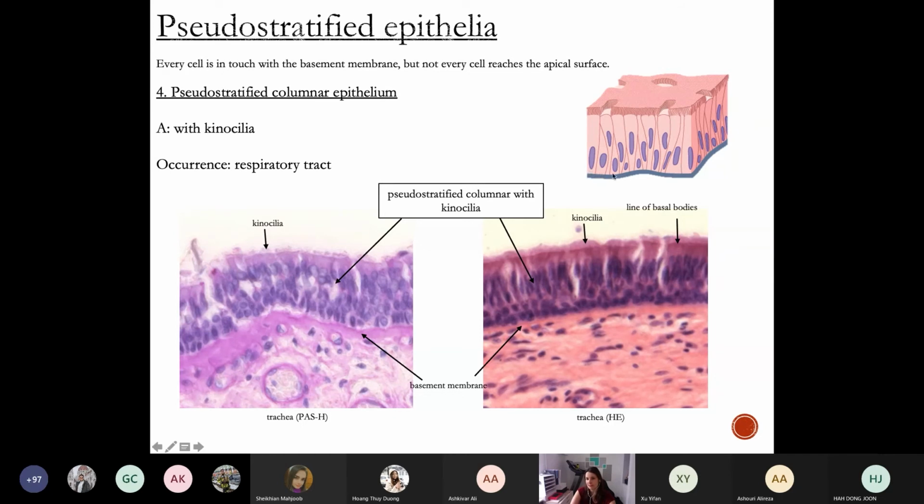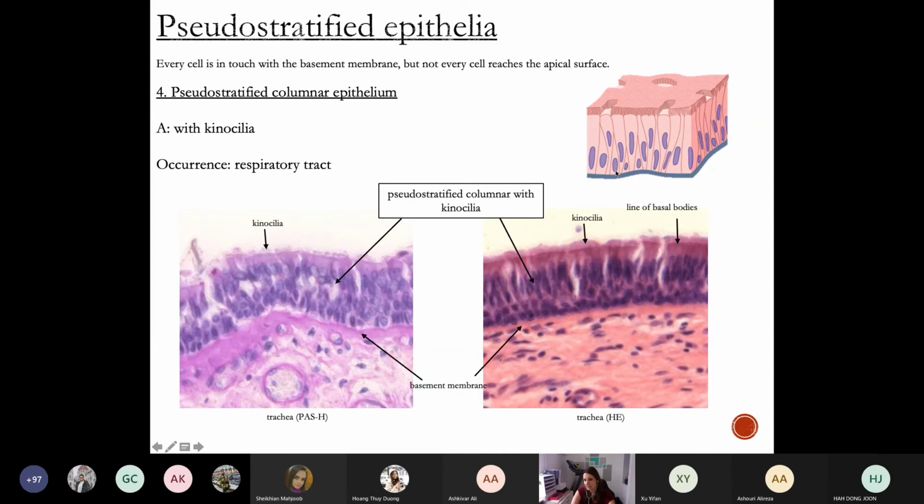Okay, so what happens here is that the height of the cells is different. Okay, there are taller cells and shorter cells. Only the taller cells will reach the apical surface. The shorter cells are usually cuboidal, having a round nucleus.